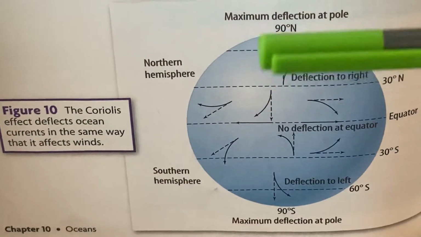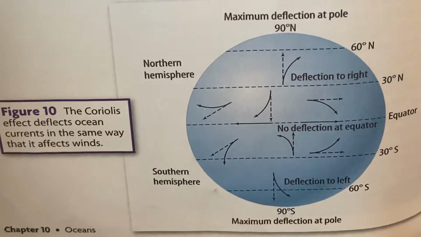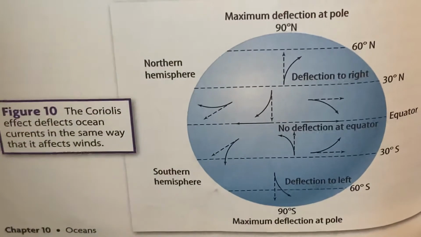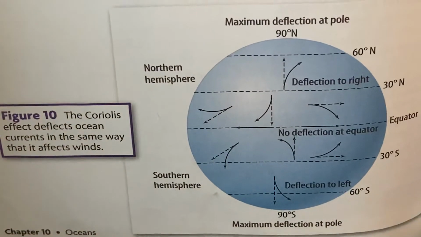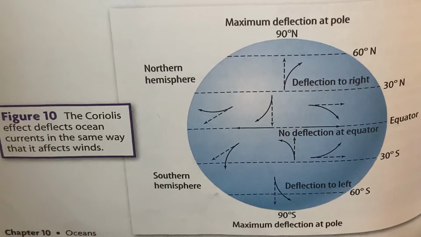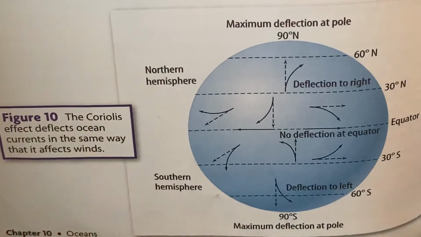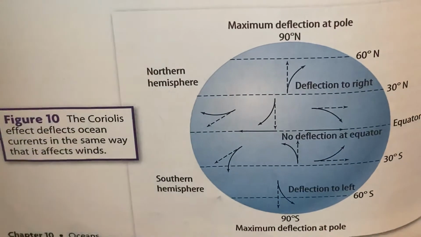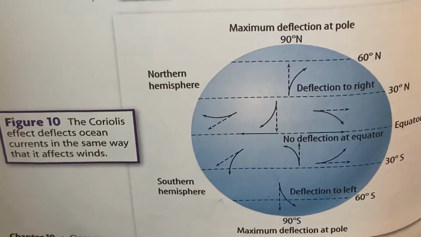Now, what this map shows you, feel free to pause it, is which way the water current is moving based on the Coriolis effect. Because remember, we're spinning in space. We're also rotating elliptically around the sun. We're moving. There's gravity. There's wind. There's other factors. There's the moon that creates tides, 4 tides a day.